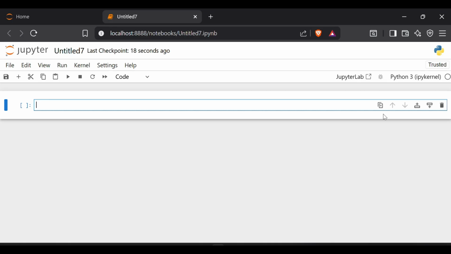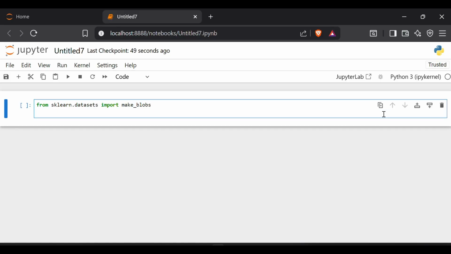First, from sklearn.datasets import make_blobs. Then import matplotlib.pyplot as plt.